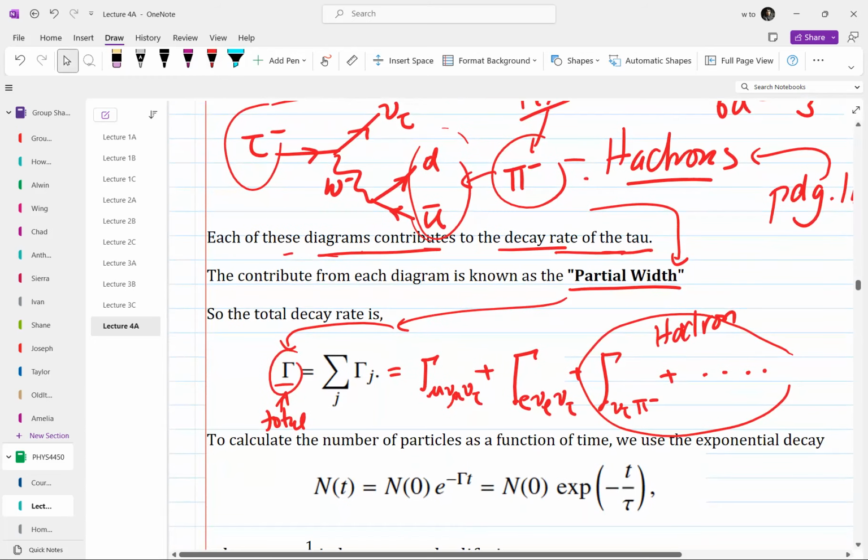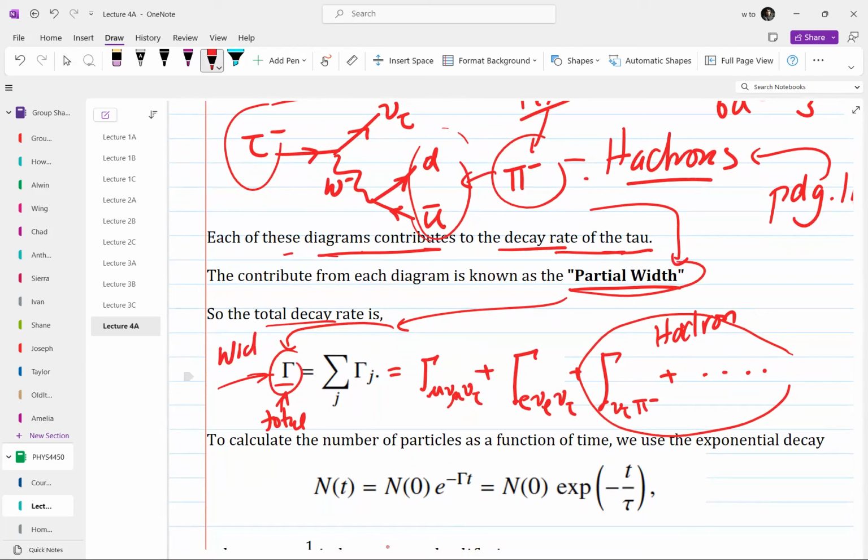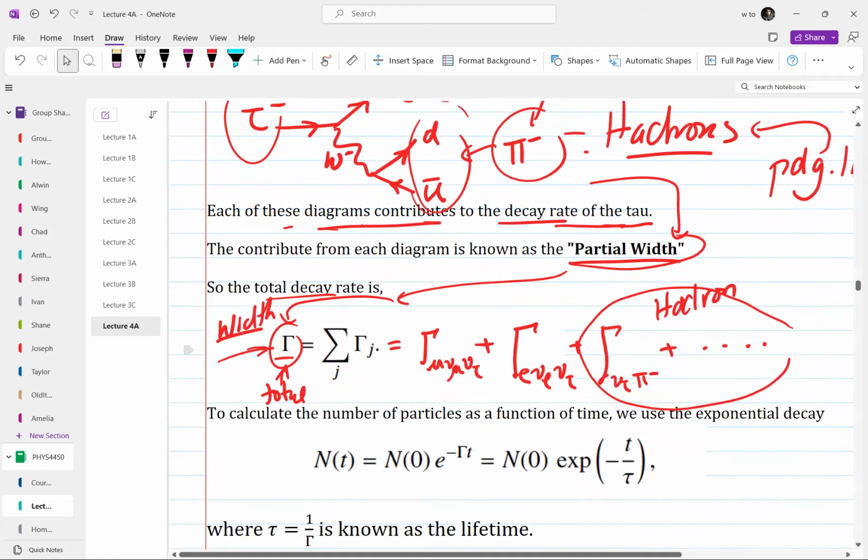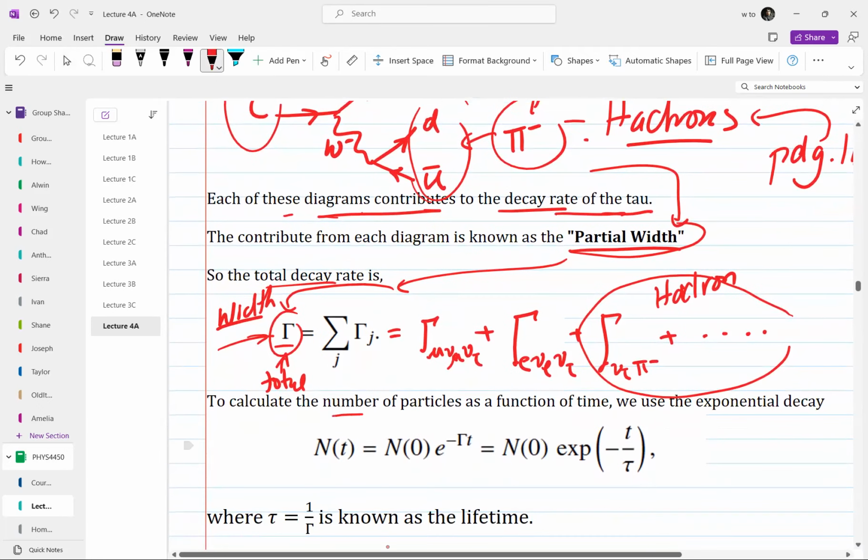So how does this total decay rate, known as the width of this decay, have to do with what we're trying to calculate? Once again, if you don't like this arbitrary number, just think about having 100 taus in a box, and the number of those taus changes with time because they're decaying.